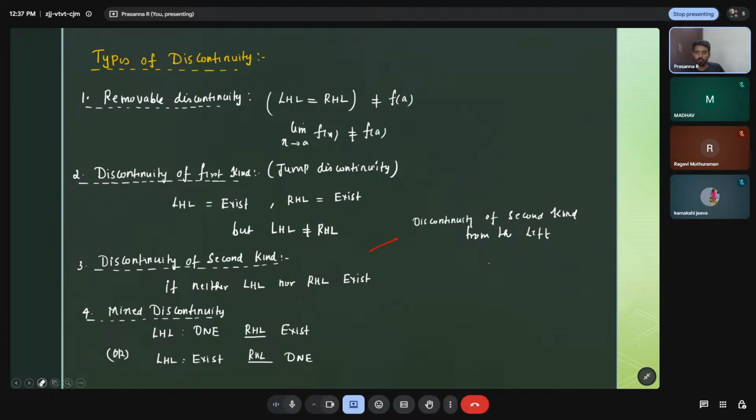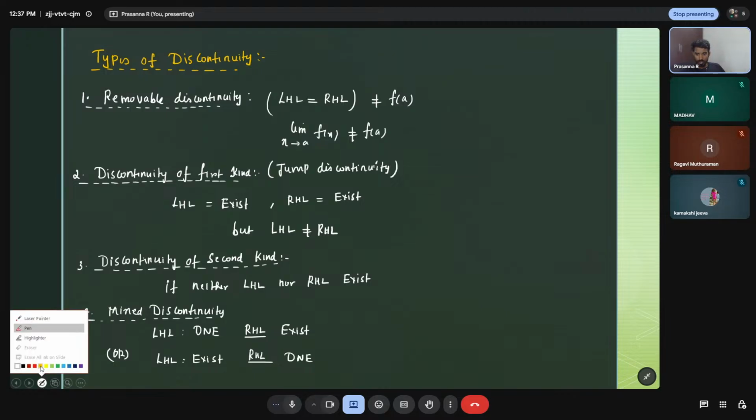Actually, we don't need to confuse so much, you just do this. Mixed discontinuity is also a special case of discontinuity of second kind, so we don't need to bother too much. Let us fix this. Discontinuity of second kind: neither LHL nor RHL exists. Mixed discontinuity of second kind.